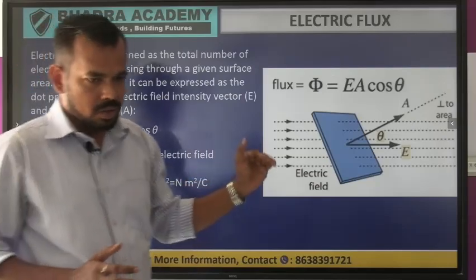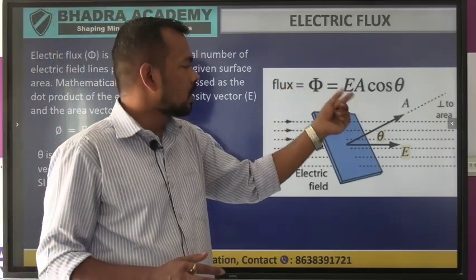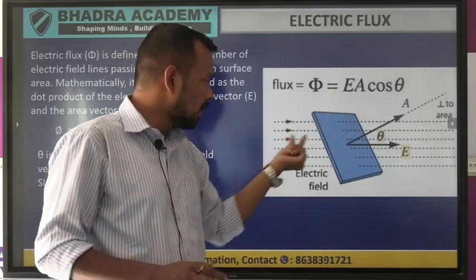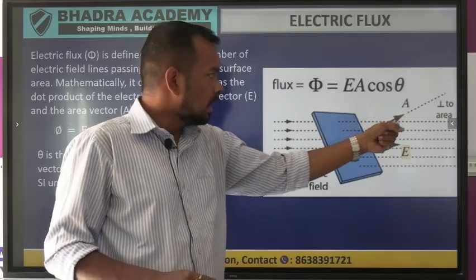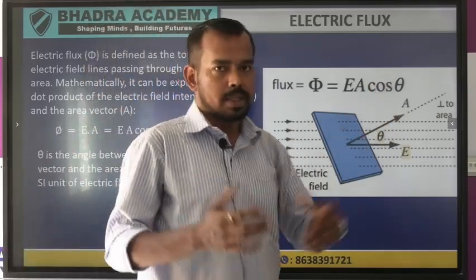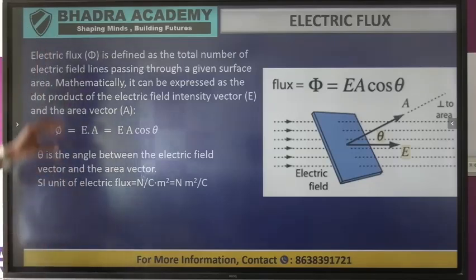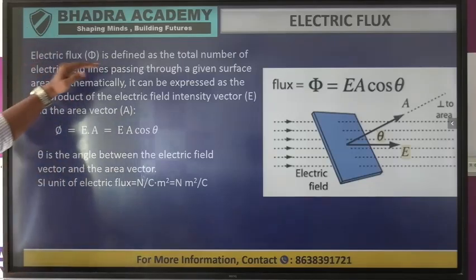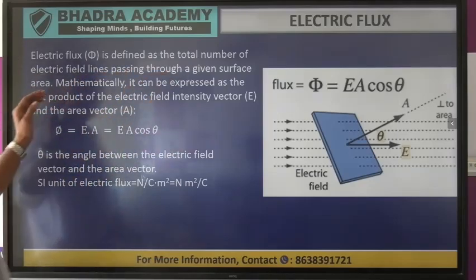So what is electric flux? Electric flux is the dot product of the electric field passing through the particular area A at an angle theta, that is cos theta. In words, electric flux is defined as the total number of electric field lines passing through the given surface area.